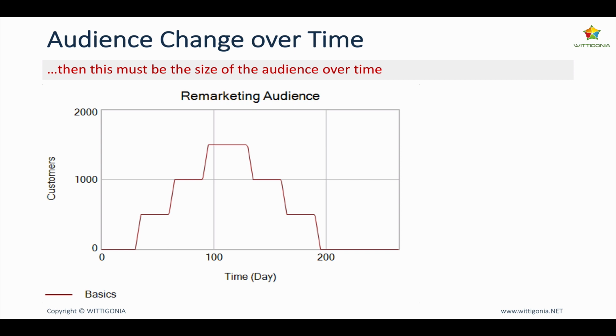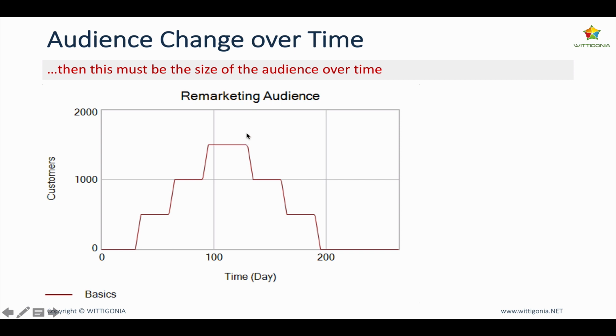So what it actually means is it will result in a pattern like this. It looks a little bit like a pyramid or Maya pyramid. So you have added the first customers, then the second wave, the third wave, and then you're still holding these customers for some period of time.